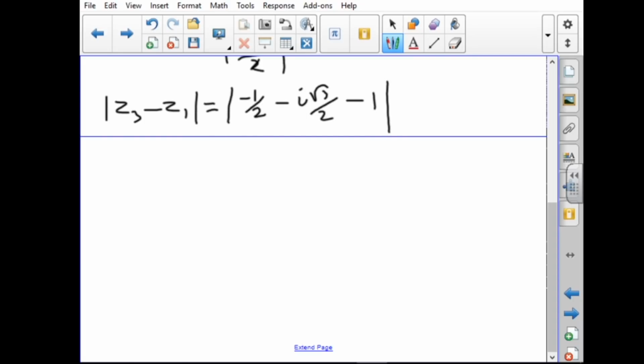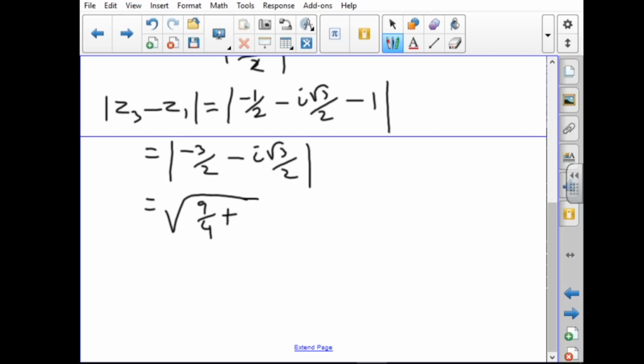So it gives us minus 1 by 2 minus 1, which is minus 3 by 2, and minus i root 3 by 2. So the modulus gives 3 by 2 the whole square, 9 by 4, plus root 3 square, which is 3 by 4, which is root 12 by 4, which is equal to root 3.